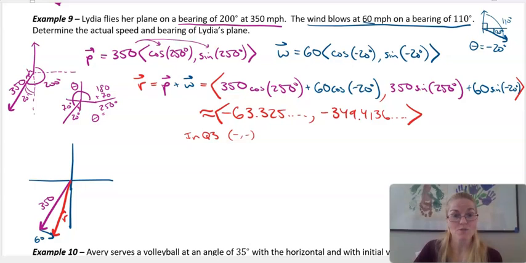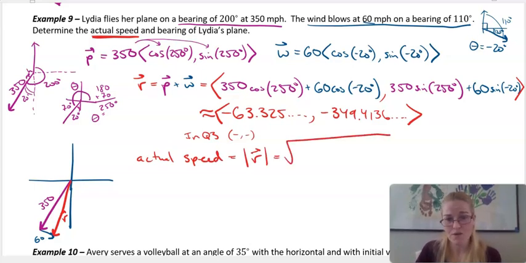Because I need to find the actual speed and bearing. So the actual speed, how fast is the plane actually going? The engines are turning over at 350 miles an hour, but in fact, that wind is giving it a little bit of a push, and so the actual speed is the magnitude of the resultant vector.